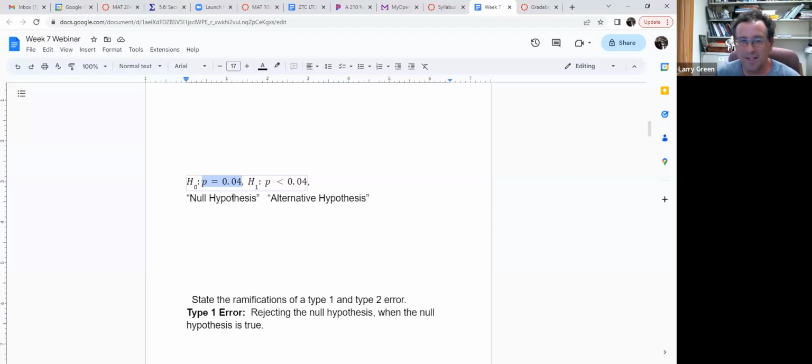You're going to be able to say, hey, fewer than 4% of the people who get vaccinated get COVID. But you were wrong. Less than 4% getting COVID, that'd be great. You want fewer people. And it's not fewer, it's actually equal to 4%.